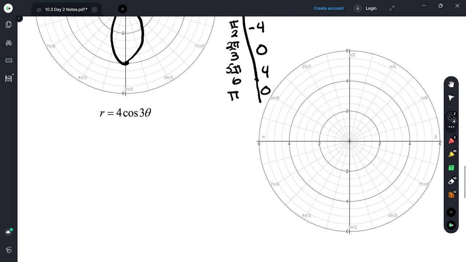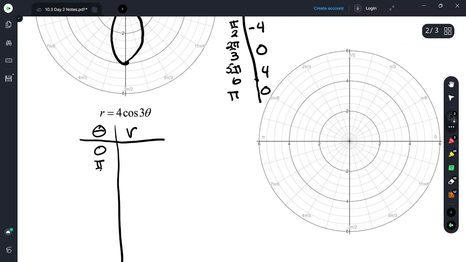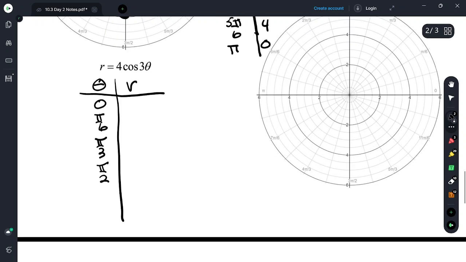Here we have cosine. So let's count by pi over 6s. Theta and r: 0, 1/6, 2/6, 3/6. I'm going to run out of room. 0, 1, 2, 3, 4 pi over 6, 5 pi over 6, and then 6 pi over 6 is pi.